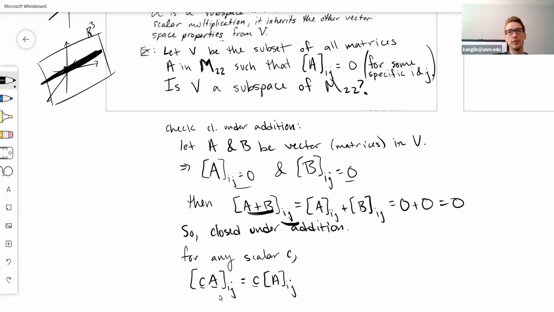The ijth element of C times A is just C times the ijth element of A. Whatever element's in ij, multiplied by C, right? But this is really just C times 0, because aij equals 0. We know how to multiply scalars C and scalar 0. We just get 0. So yes, the scalar multiple must still be in V.